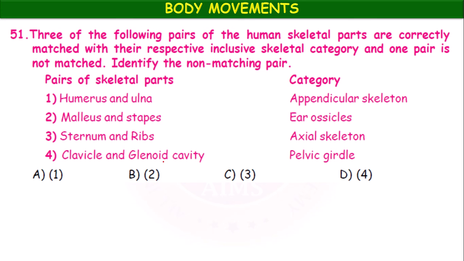And option 4, the clavicle and glenoid cavity, pelvic girdle. Okay. Here humerus and ulna, appendicular skeleton, correctly matched. Malleus and stapes, ear ossicles, yes, this is also rightly matched. Sternum and ribs, axial skeleton, this is also. But the clavicle and glenoid cavity, pelvic girdle, this is wrong. Okay. So, option D.